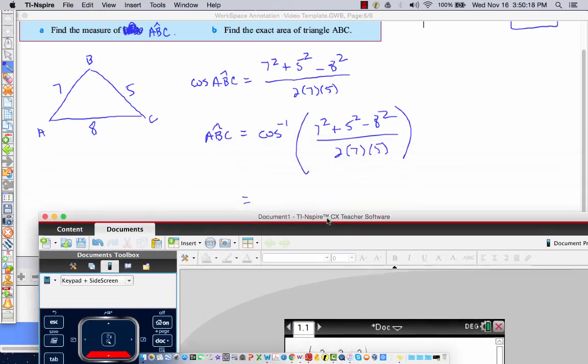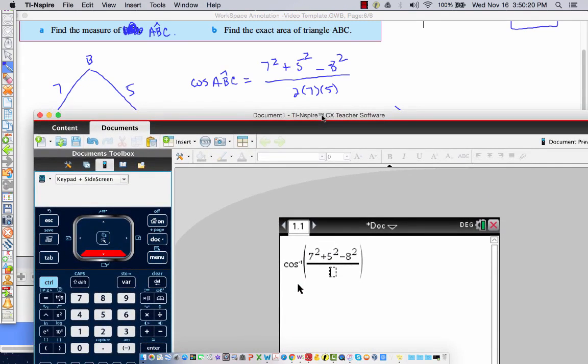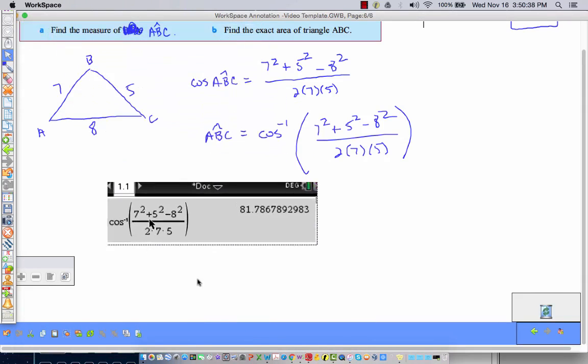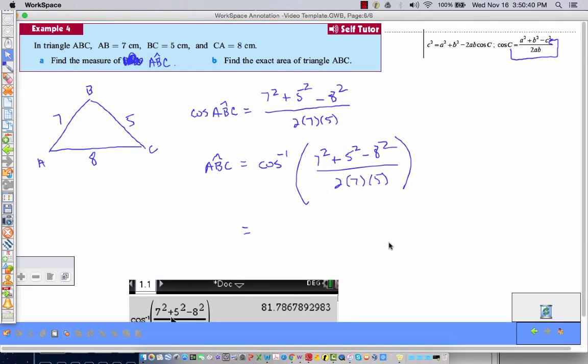Oh, 2 times 7 times 5, right? Yep. 2 times 7 times 5, boom. So we can say that angle ABC to 3 significant figures is approximately equal to 81.8 degrees.